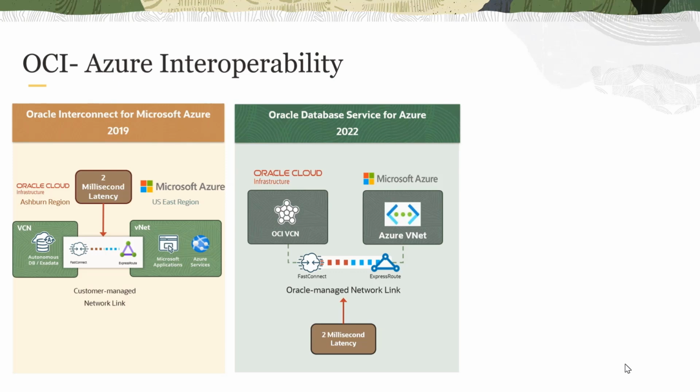It simplified provisioning of OCI database services, giving users an Azure-like portal experience while allowing users the benefit to monitor the database's metrics and events directly from Azure. Oracle managed the network link to provide customers with consistent network performance even if the workload transfer increased.